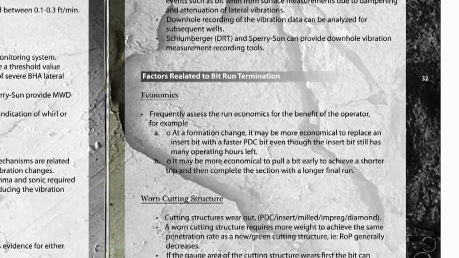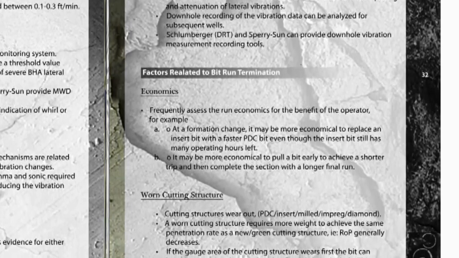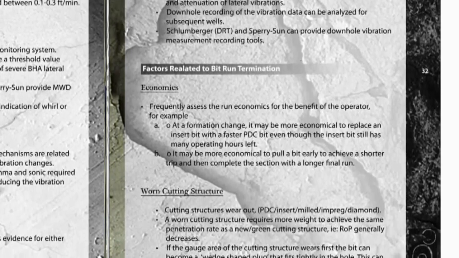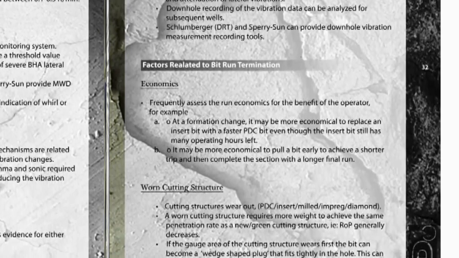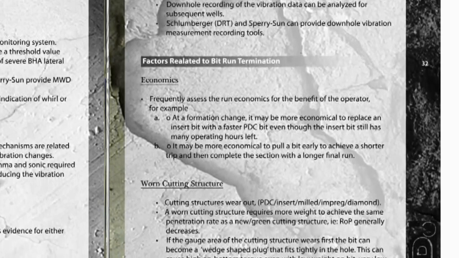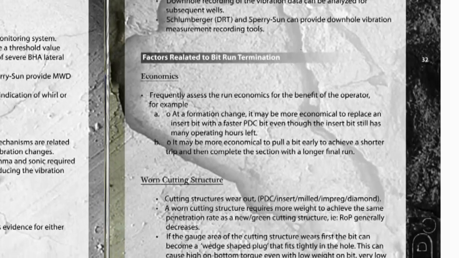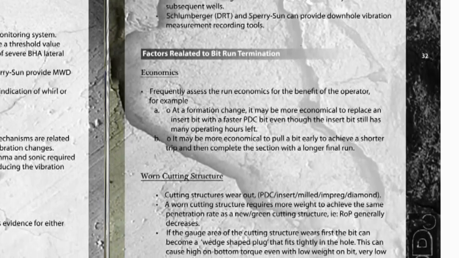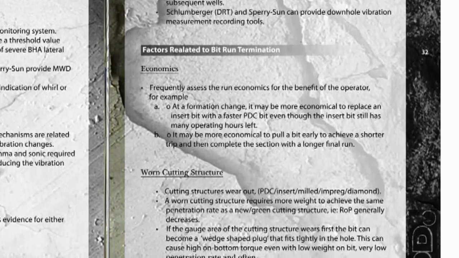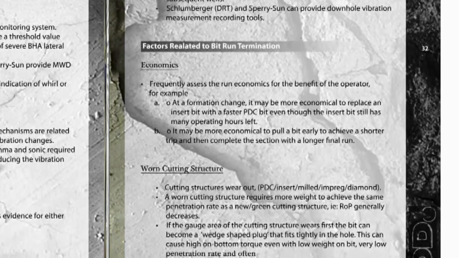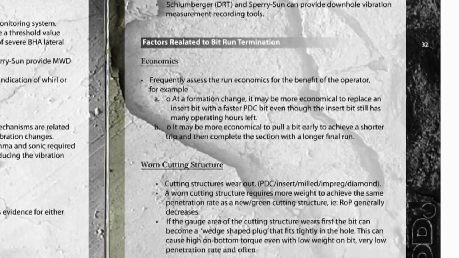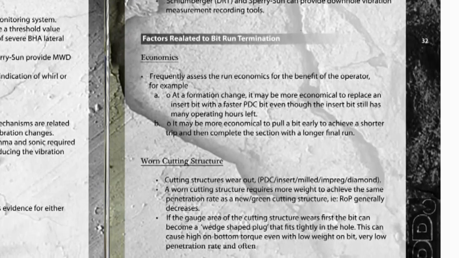Worn cutting structure. Cutting structures wear out: PDC, insert, milled, impreg, diamond. A worn cutting structure requires more weight to achieve the same penetration rate as a new, green cutting structure, i.e., ROP generally decreases.